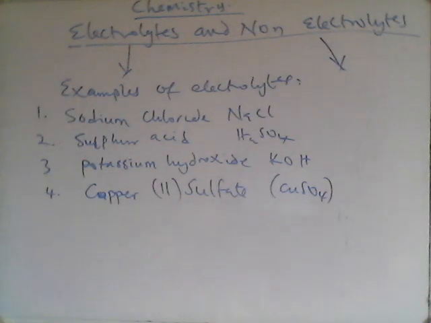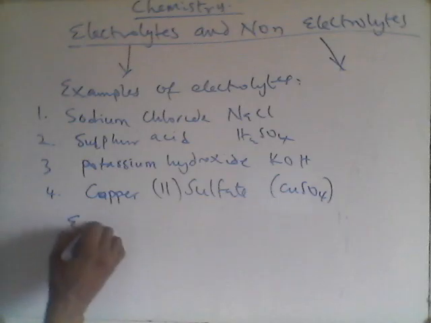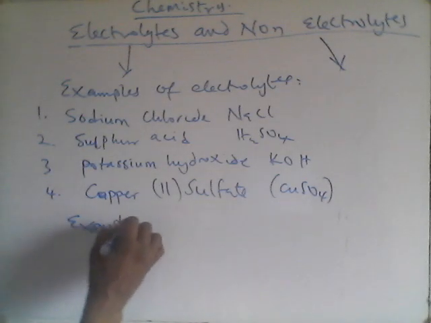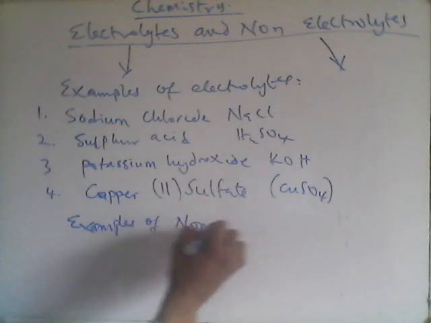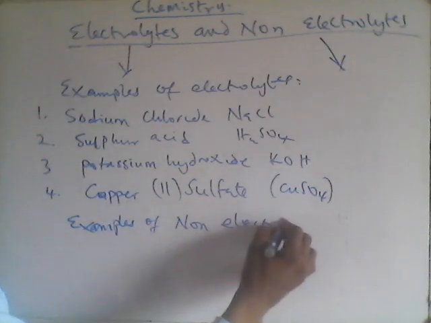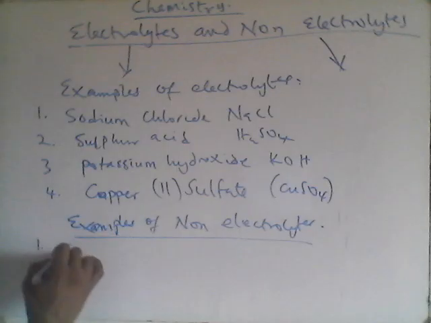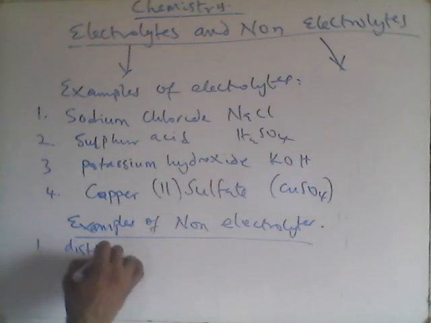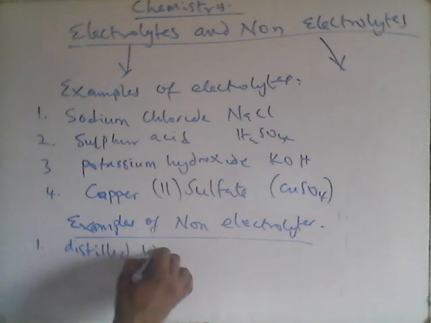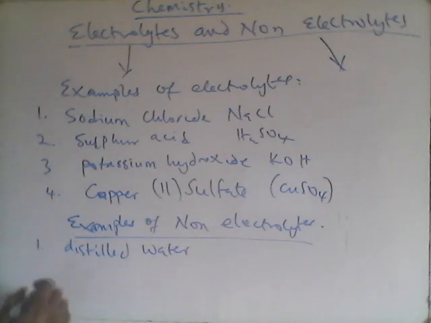Non-electrolytes are things like distilled water and sugar. Let me put examples of non-electrolytes. Number one, you have distilled water, which is very pure water used in the lab without any contaminants.